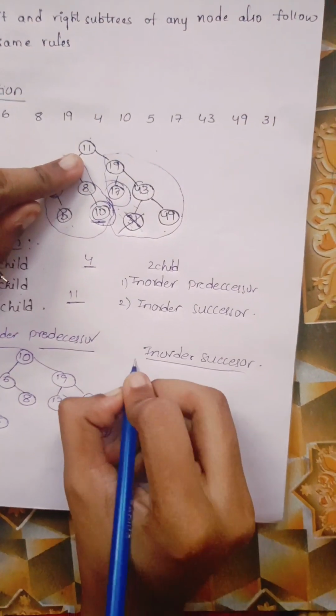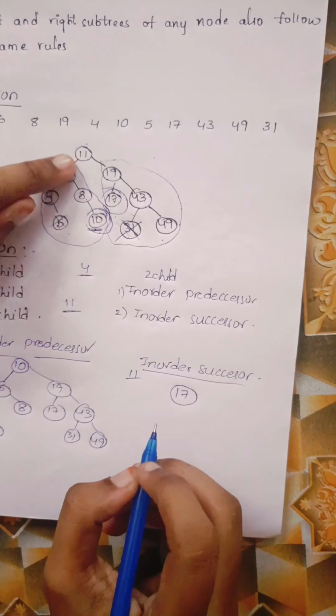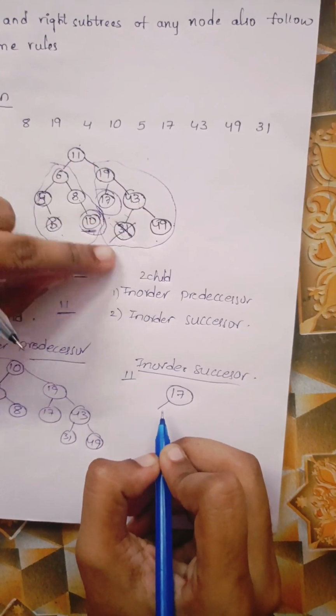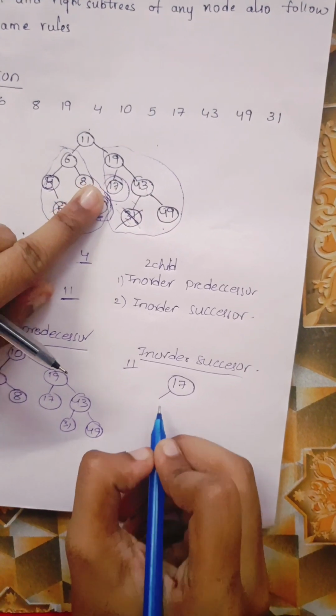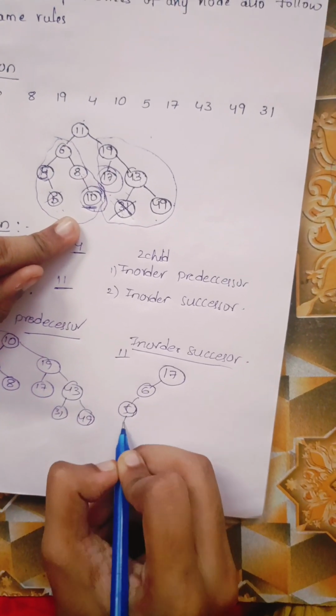So what should we do to delete 11? Place 17 in this 11, as it is the smallest in the right subtree, and the left subtree stays as it is.